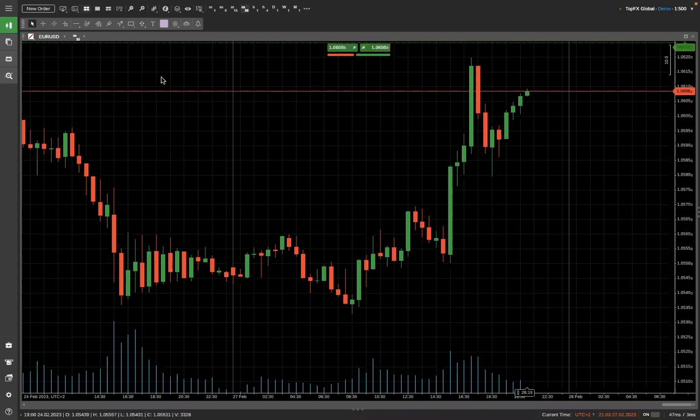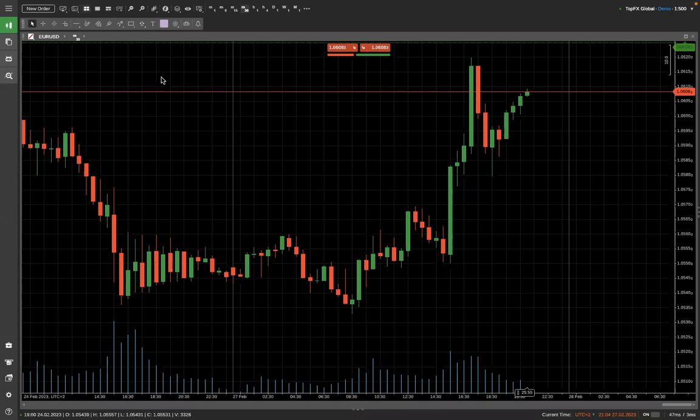So we can have the indicator applied to our chart in order to see whether this situation might be used to make profit, even more accurate than usual.